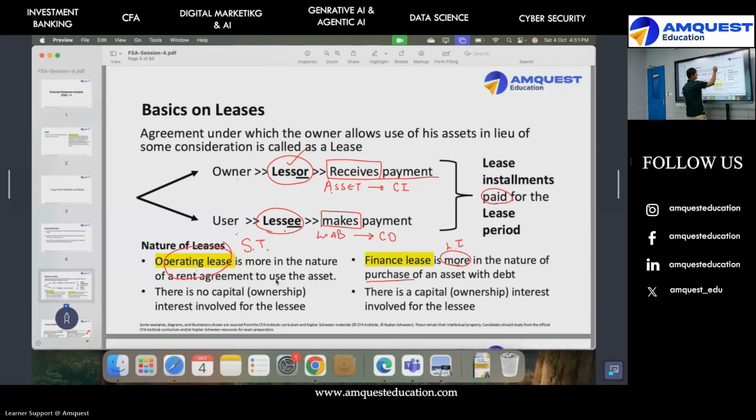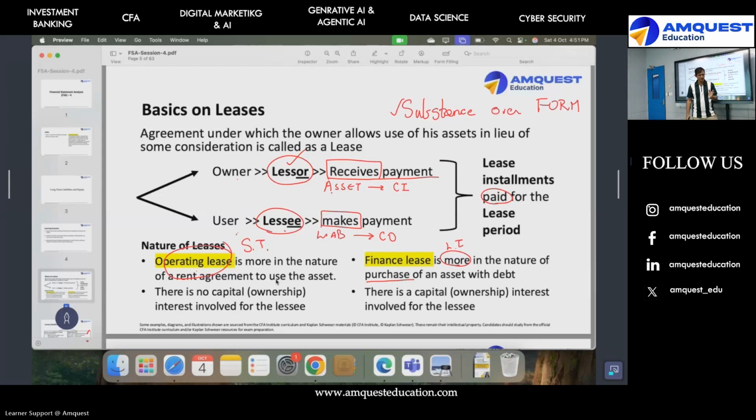What does it mean? Before I go to this, does anyone know the meaning of substance over form? Please enlighten me. Substance over form is, firstly, an accounting principle like materiality, going concern, accrual. There is one more very important principle which dictates your accounting, and that is substance over form.